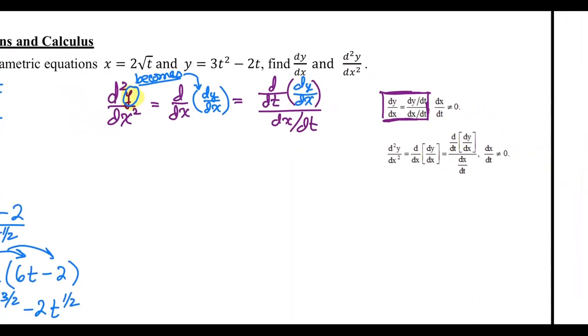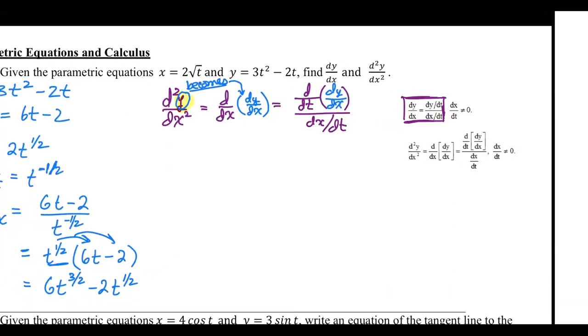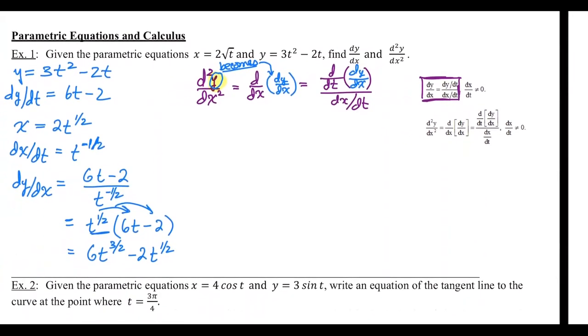All right. I have a question. Sure. How come we're following this formula instead of doing the power rule like we did for the first derivative all over again? That's a good question. If you look at our first derivative, we have dy/dx, but it's in terms of t.